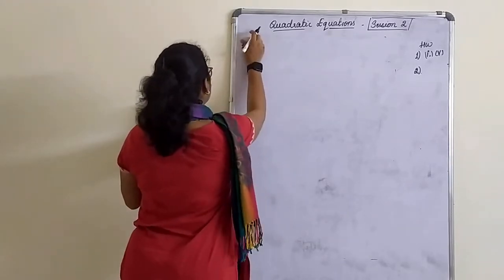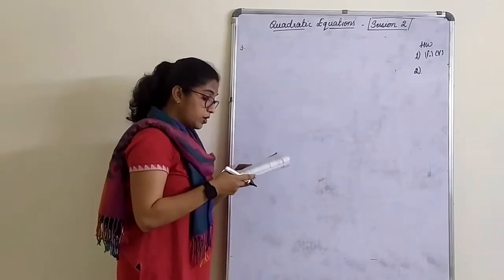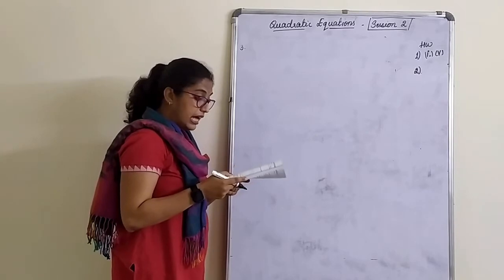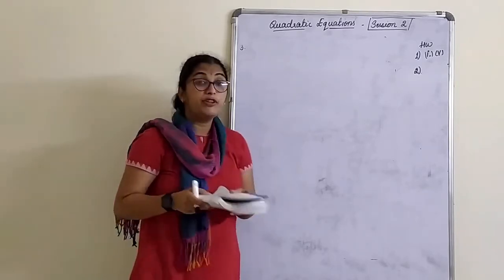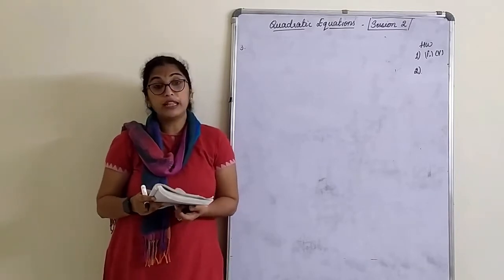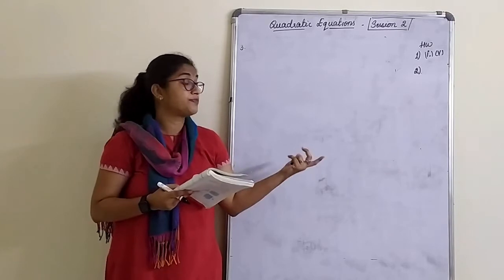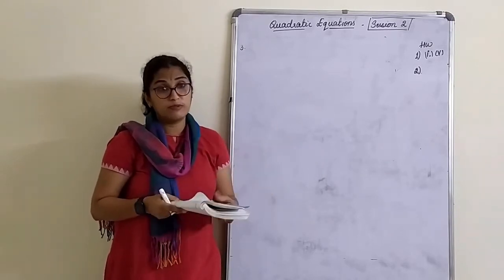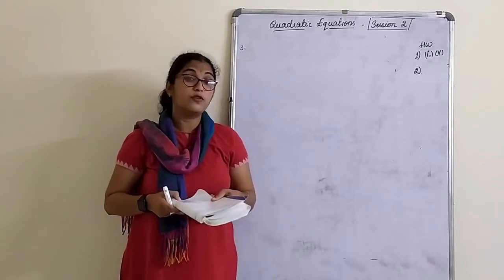So third one, find two numbers whose sum is 27 and product is 182. Now when you look at such sums, you feel that why can't I also apply here the linear equation method. You can apply linear equation. You give a try to this and see what answer you get.